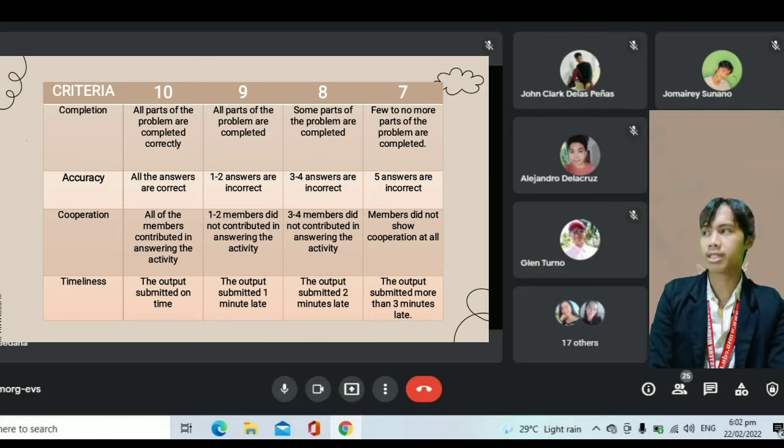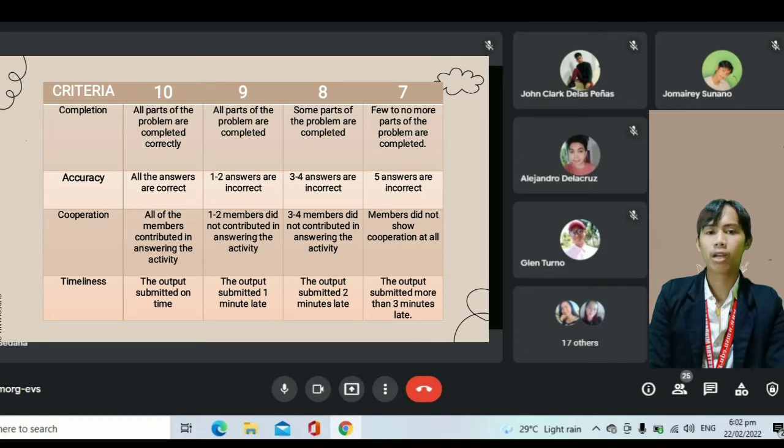Then for the accuracy, you will receive 10 if all the answers are correct, 9 if 1 to 2 answers are incorrect, 8 if 3 to 4 answers are incorrect, and 7 if 5 answers are incorrect.